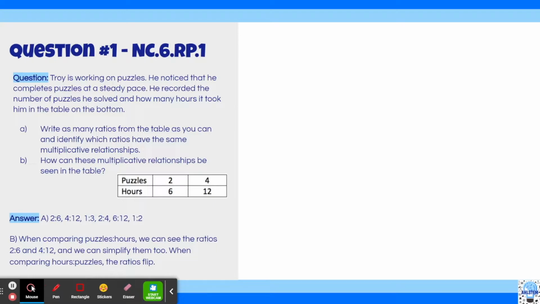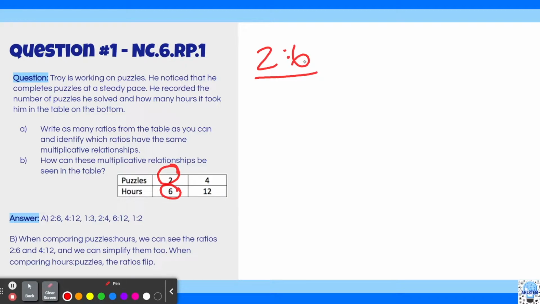Okay, so let's first start with part A. The first ratio we can identify is 2 to 6. We can identify this because that is the first number in our puzzles column and the first number in our hours column. So 2 to 6 makes sense. Now, using that same methodology, we can identify 4 to 12.